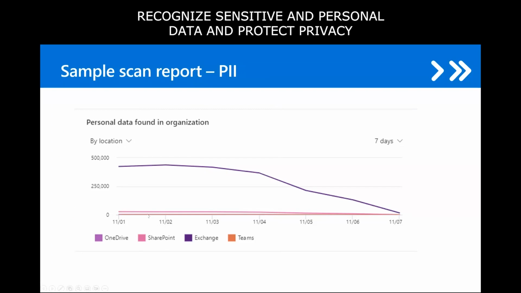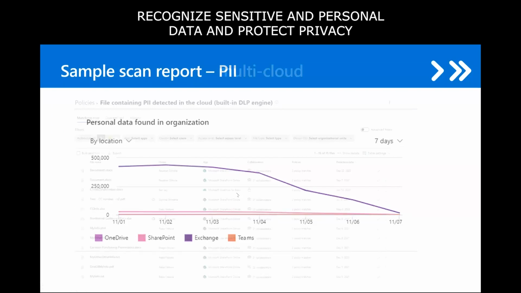From this graph, it's mostly in Exchange. So it shows that your people are communicating PII through email, so probably you need to take some actions on that. It's just telling you that information.